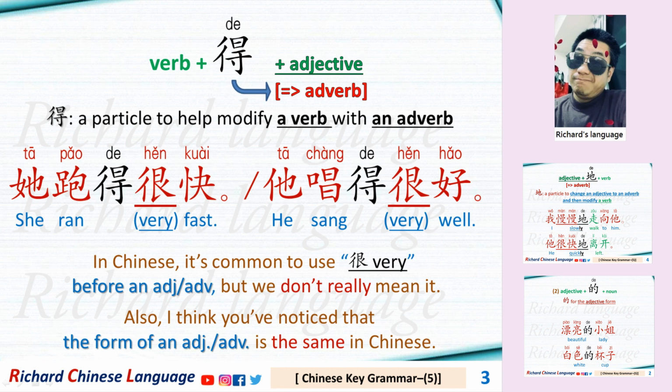Okay, examples. 他跑得很快, he ran very fast.